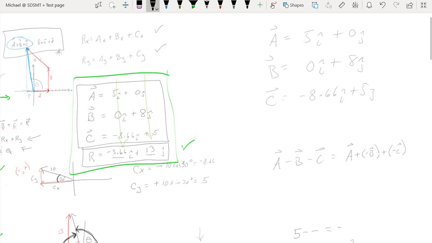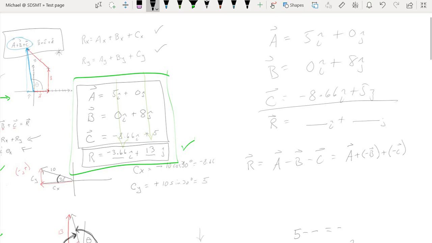Now the reason I came back up here, these are the same values that we had below, but I want to show you just how quick this is going to be. This vector addition is going to provide us with some resultant vector. And I want to know what that resultant is. This resultant has x and y components. Now in the previous case, we just went right down the columns and we added everything together.